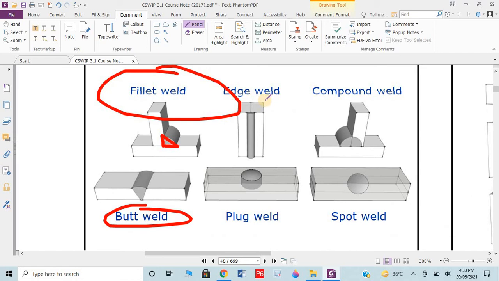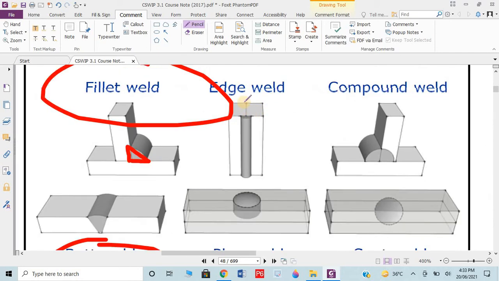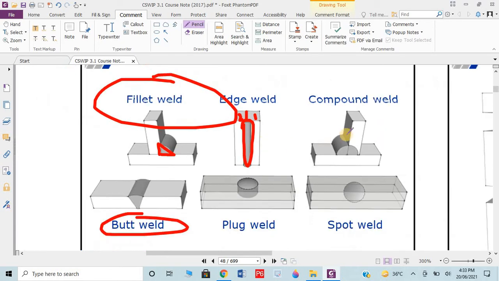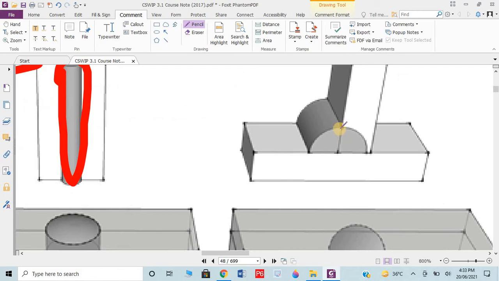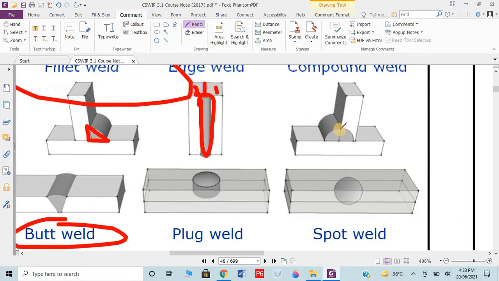This is fillet weld. This is edge weld. We have two bodies here, this 1 and 2, so the welding between them is known as edge welding. Then we have compound welding. Interestingly, compound welding is the combination of butt weld plus fillet weld, right?